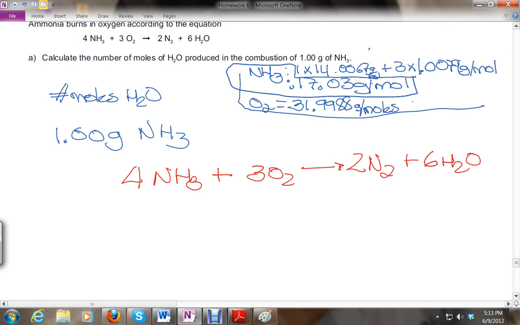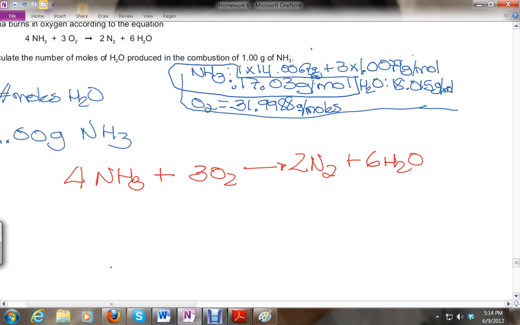And nitrogen and water. I know it already. Do your calculation, but I know it. Water is 18.015 grams per mole. And finally, let me put each one in a box. We got nitrogen gas, N2, which would be twice 14.006.